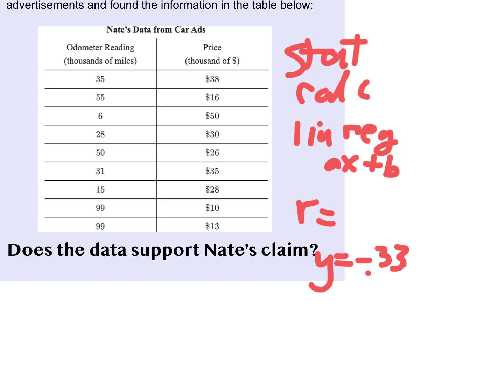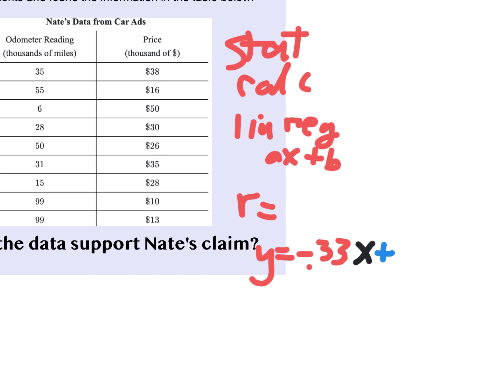Because that's the number before the x, and then there's an x, and then there's plus, and then there's the b number, which is 42 point, I'm going to round it to 42.9. Did you get the same thing that I did? Then you used all the right numbers.